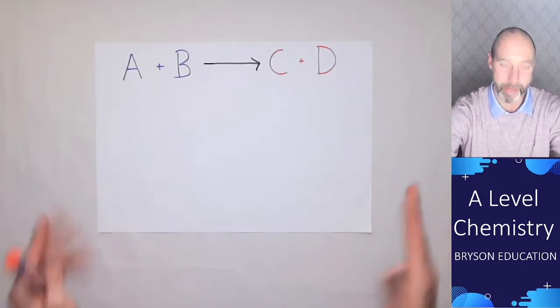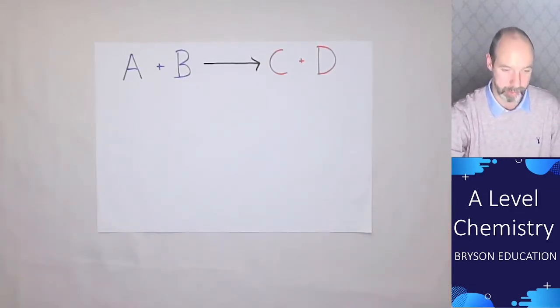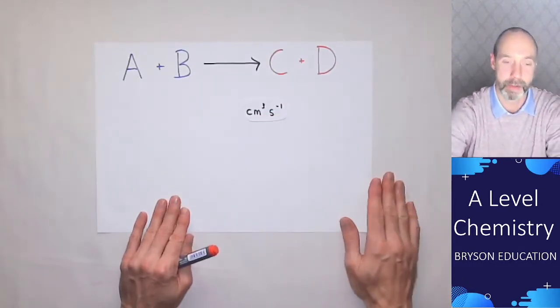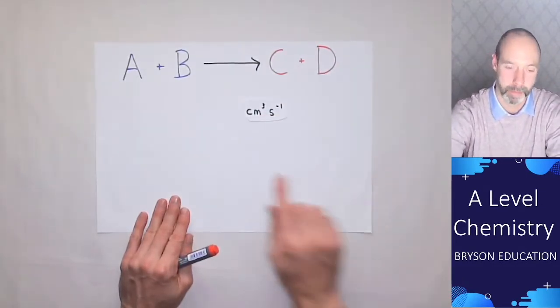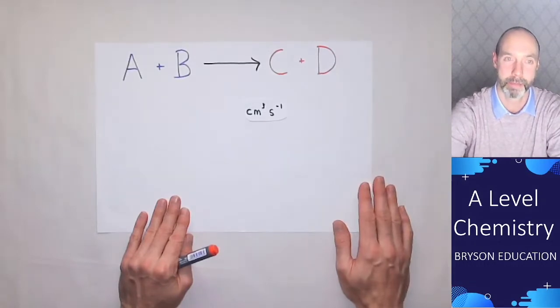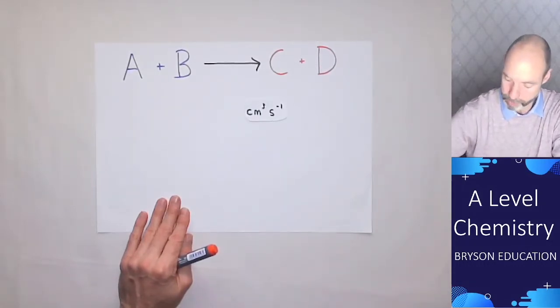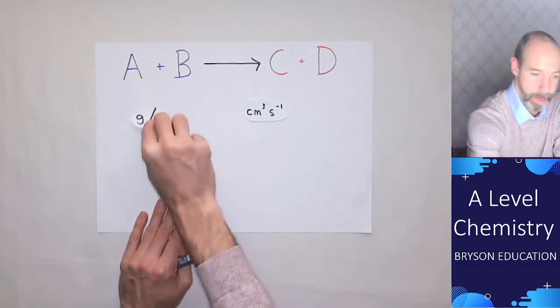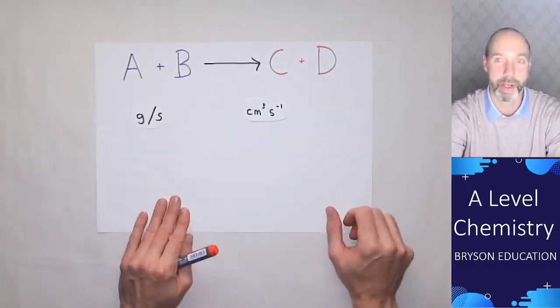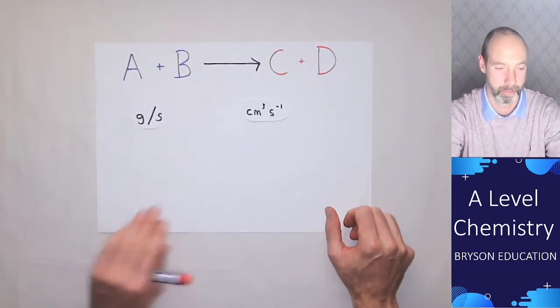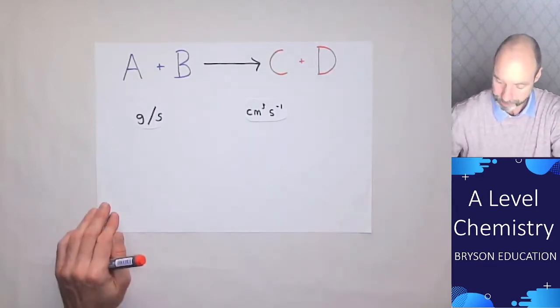How can we measure rate then? So there's lots and lots of different ways we could measure rate. We could measure, if it was a gas being formed, centimetres cubed per second. That would be a suitable unit. We could, if the mass of a reactant was decreasing, measure the change in mass per second, which is grams per second.